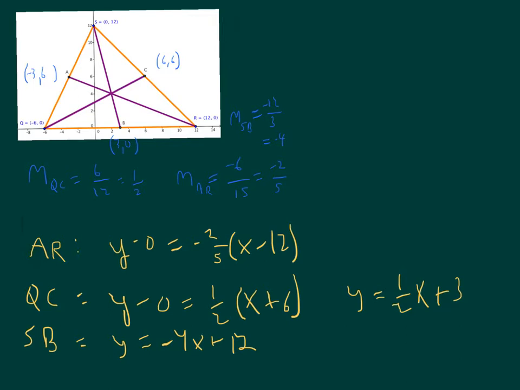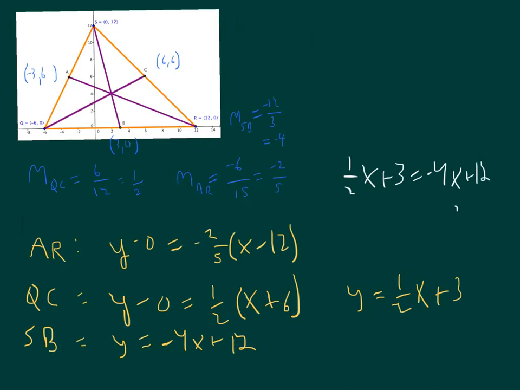And to find the intersection, I'm going to pick the two easiest lines to find the intersection of. And the two easiest would be QC and SB. And what I'll do is I'll just set them equal to each other. If I set them equal to each other, I get 1/2 x plus 3 is equal to -4x plus 12.